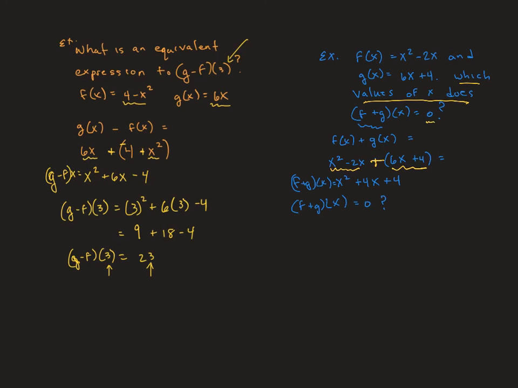Well, I'm going to do some substitution right here. So I'm going to substitute in this for what value? For 0. And when I rewrite that, that is going to look something along the lines of x squared plus 4x plus 4 equals 0.